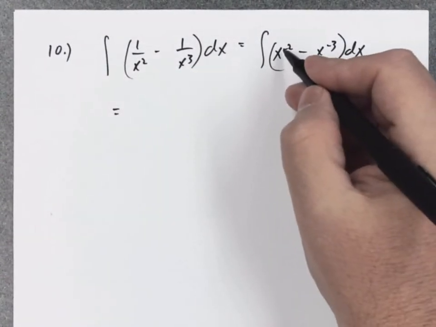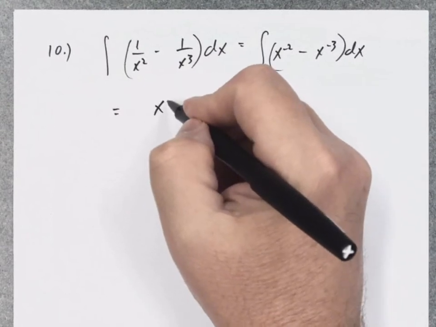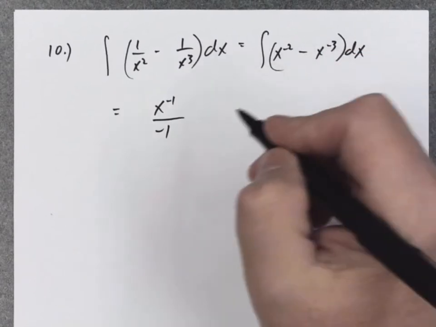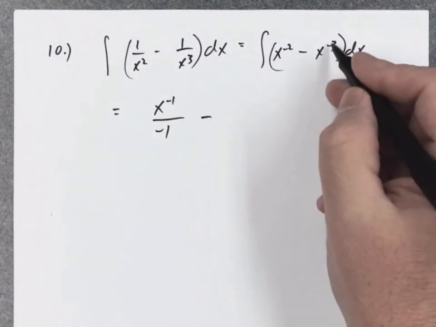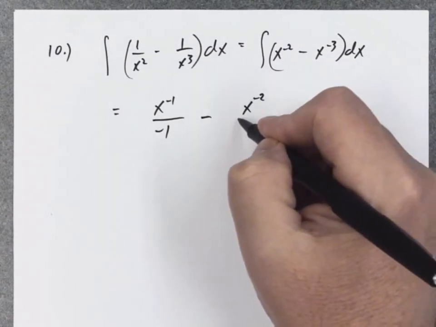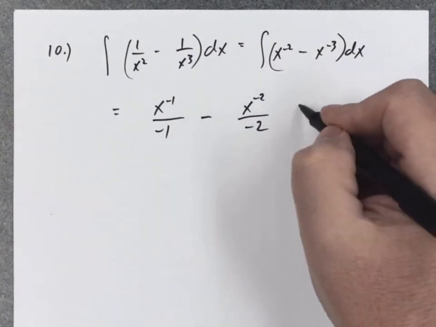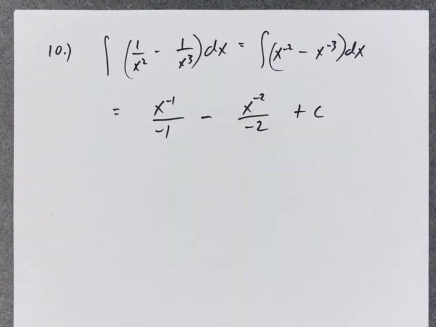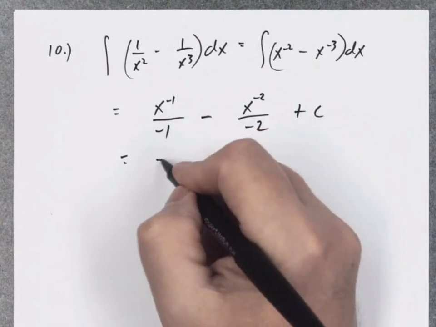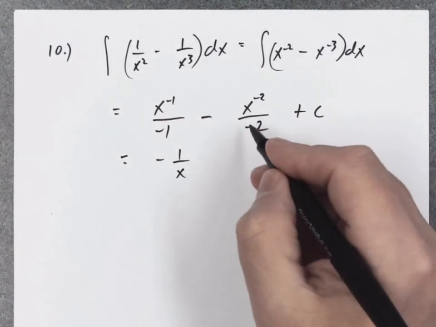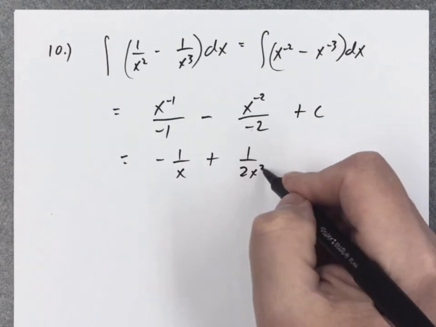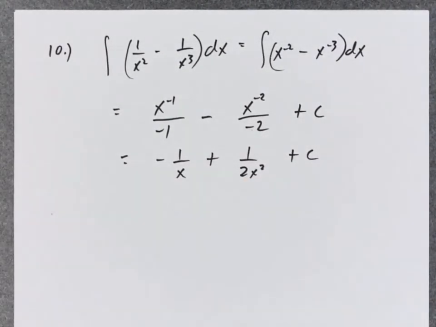So if I apply the power rule to this, you add 1 to your exponent, and you divide by the new exponent, and then the minus, and then add 1 to your exponent, and divide by the new exponent, and then you have your integration constant. So if I simplify this, this is actually negative 1 over x. This minus 2 and this minus cancel out. And that should be your answer.